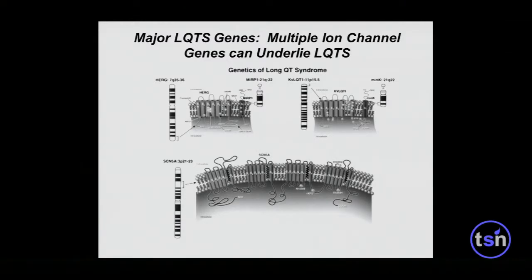And this disease is now known to be caused by mutations in several different genes, about 12 to date. And all of these genes either code directly for ion channel alpha or beta regulatory subunits, or adapter proteins that interact with and modulate ion channel activity, or direct ion channels to different parts of the cells. Despite the fact that there are 12 genes now known, there are really four primary forms of the long QT syndrome.